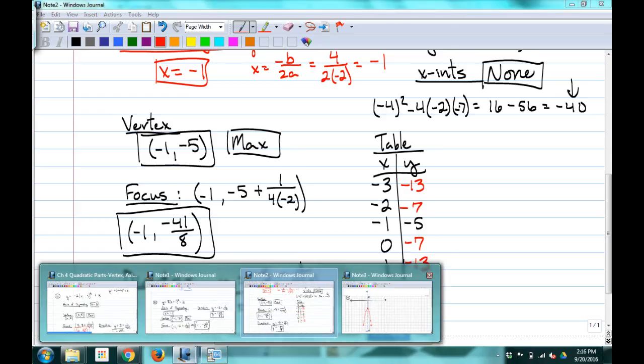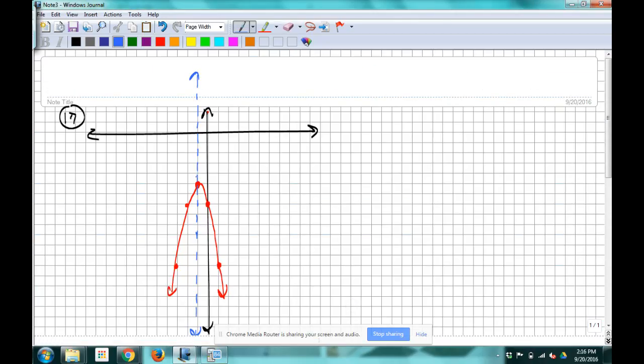So I'm going to go to my graph, and at -4.8, which would be about right there, I'm going to draw a horizontal line because that's what a directrix is going to be, a horizontal line.